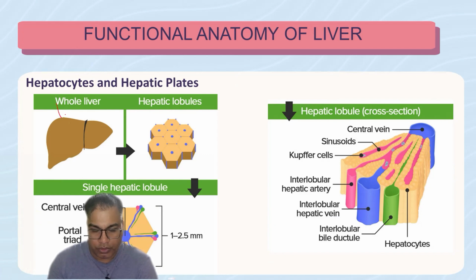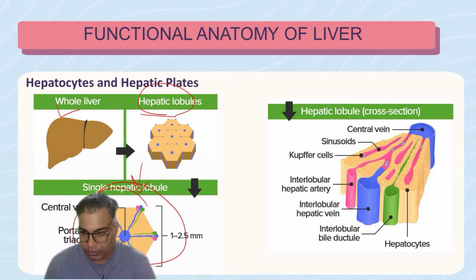So the whole liver was divided into hepatic lobules. We studied the structure of a hepatic lobule. This one is the central vein, bile canaliculus, interlobular hepatic vein, interlobular hepatic artery.